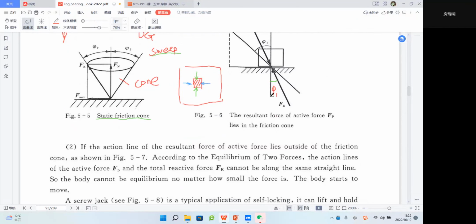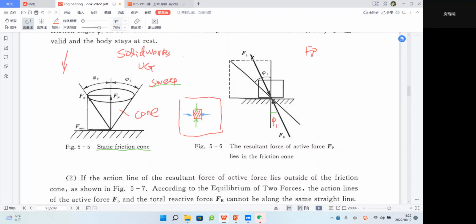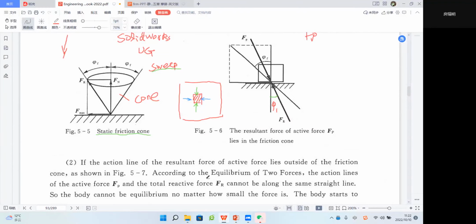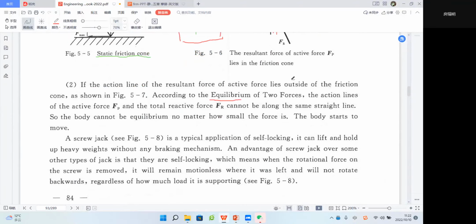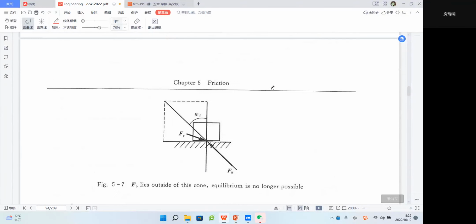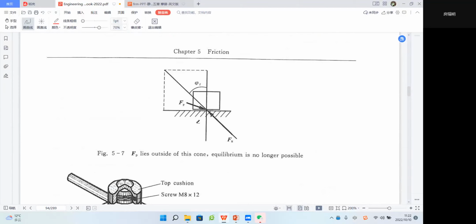So no matter how big this FP is, it will always keep the equilibrium condition. So we call that self-locking. And if it's in this state, this time you guys look at this picture.